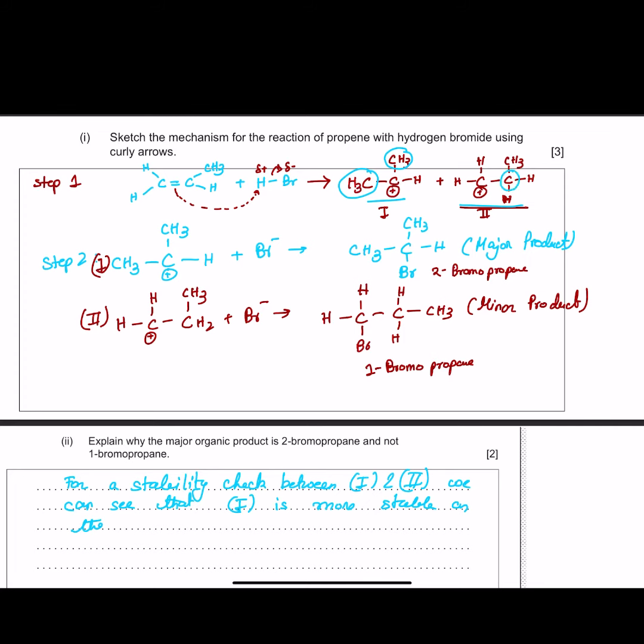But in this case, only one group, or you can say an ethyl group, is just surrounding it. So obviously, in this case, the charge will be lower. In this case, the charge will be a little higher. And we know that the lower the charge, the more stable is the system. The positive charge is surrounded by 2 methyl groups, while in 2, it's only surrounded by 1 ethyl group.